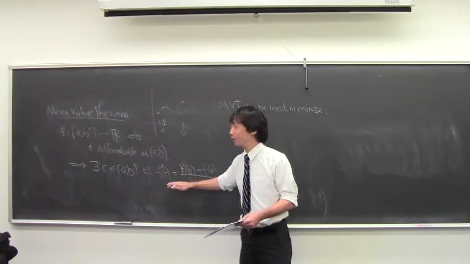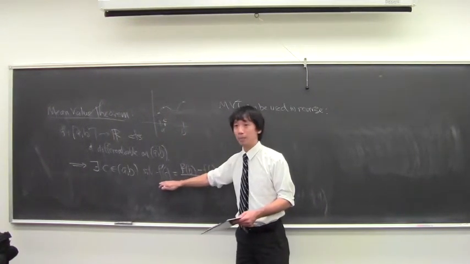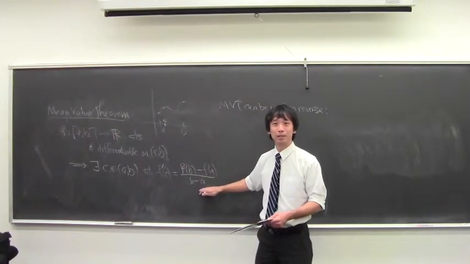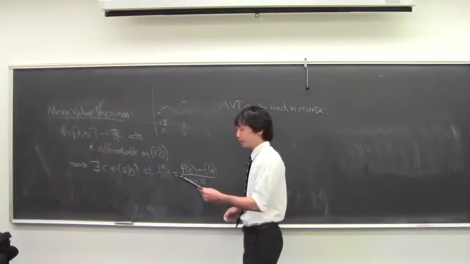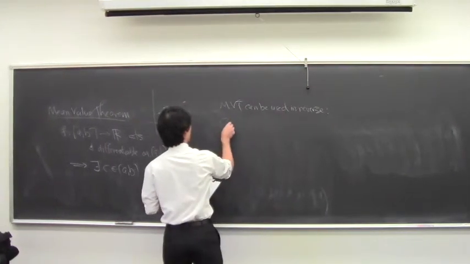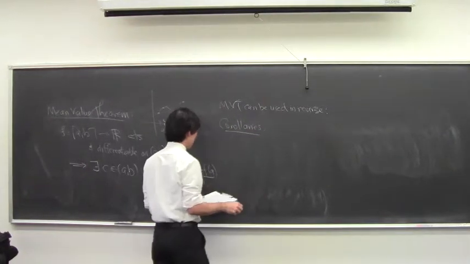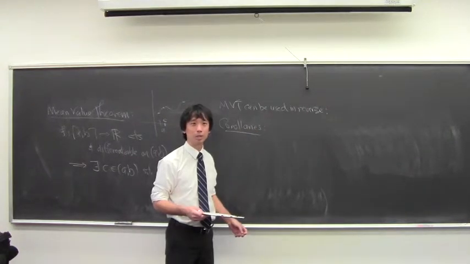So if somebody tells you about the derivative, then they're telling you about the slope of that line. So you can use it in a reversed way to get information about the function. There are a couple of corollaries to the mean value theorem. Corollaries means simple consequences.